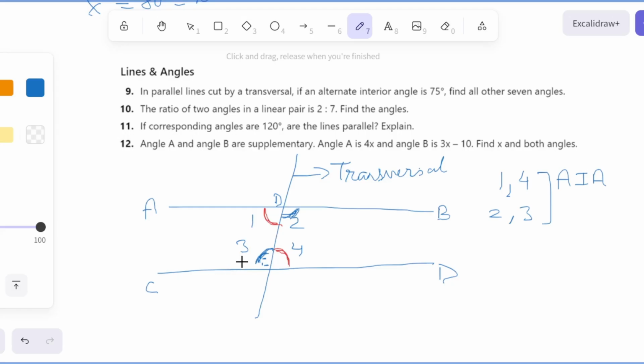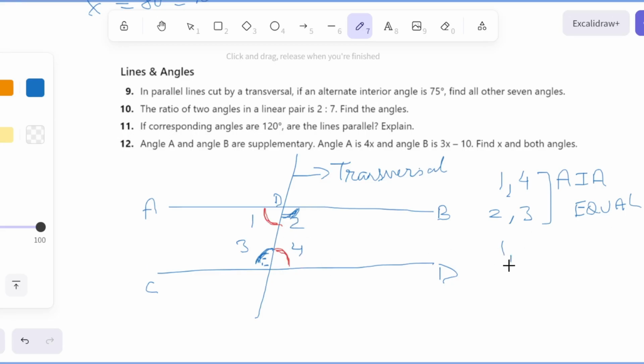And they're always equal if the lines are parallel. Because we are considering the case of parallel lines, I can write here that these are equal.